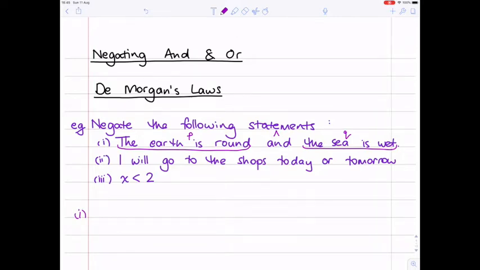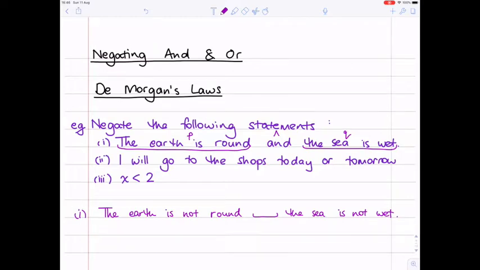So if we negate this, we're going to have the earth is not round. I'm leaving a space over here for whether it should be and or, and the sea is not wet.